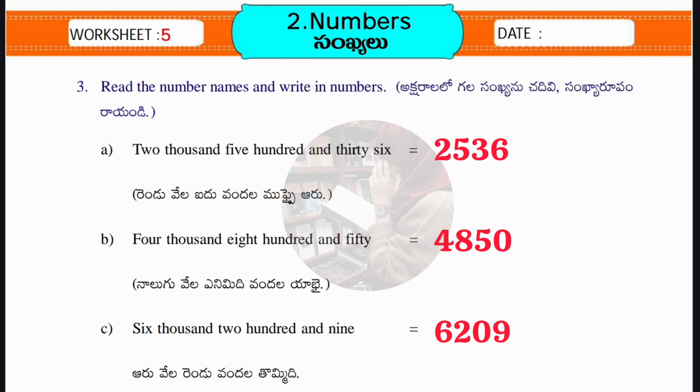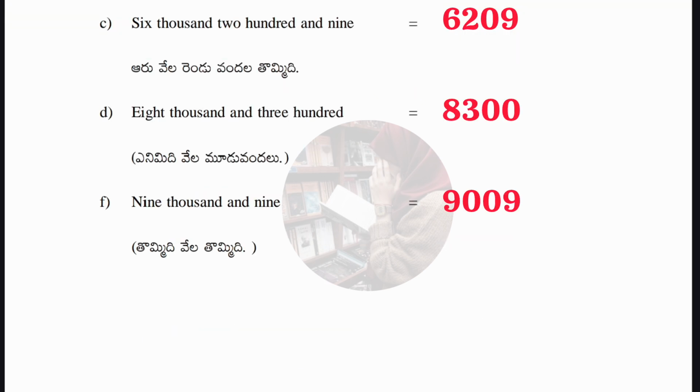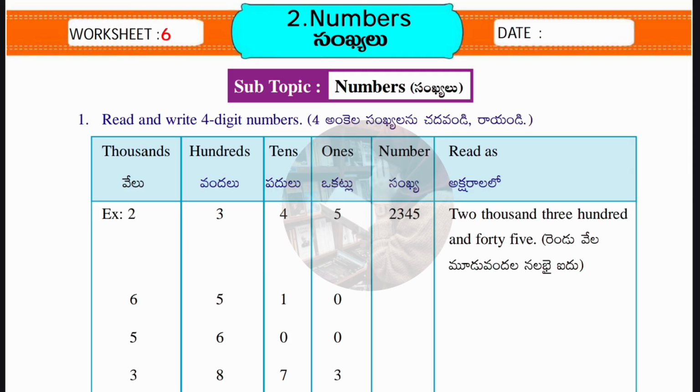Next number is 6,209. Write down 6209. Next number is 8,300. Write down 8300. Next number is 9,009. Write down 9009. Got it, guys?